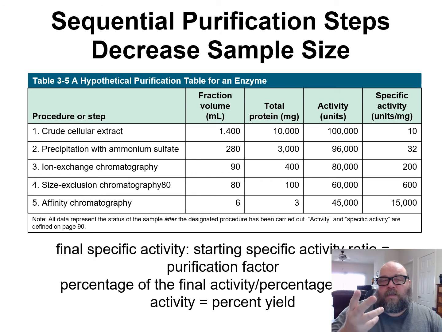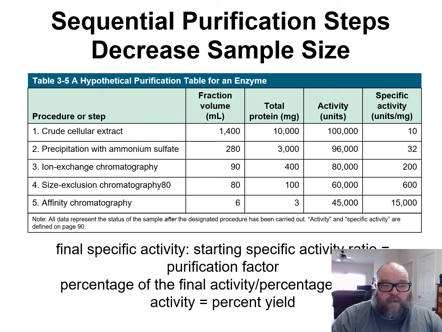So when you approach this as a biochemist, and I wish we could do this in lab, but we didn't have enough time to set this up, you would take, as you see in step 1, a crude extract. That's basically you just busted open the cells and you collected that soup.